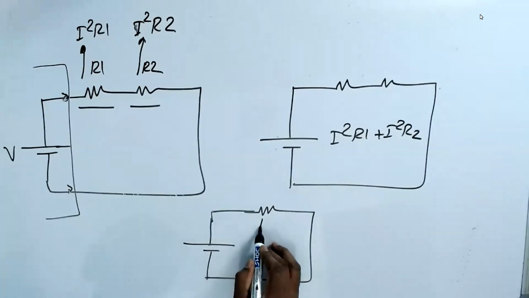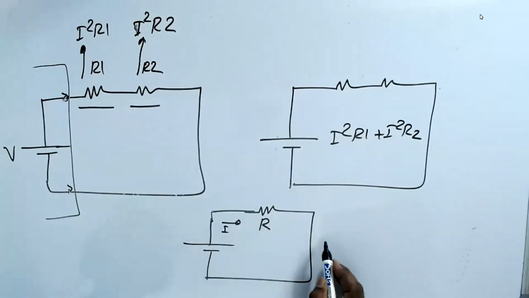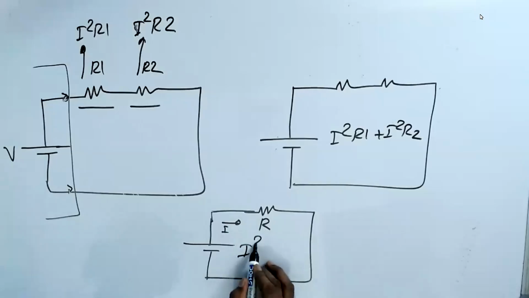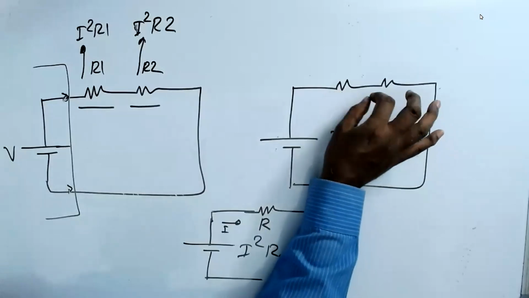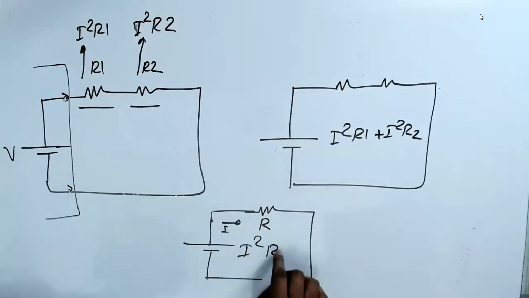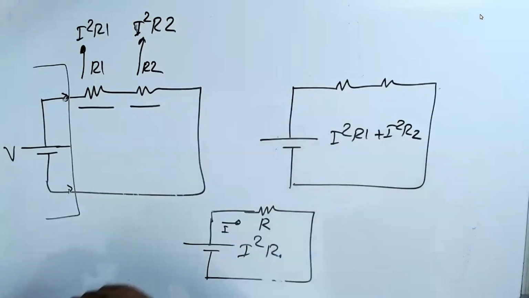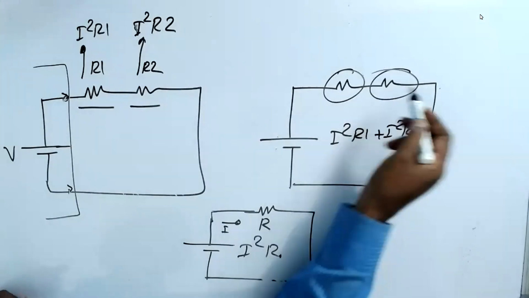We call this R. The current is I, so the power is I square R. If I make this a single resistance, that is R, and the power is I square R. Am I right? The power is I square R. And here it is I square R1 plus I square R2 because I have two resistances. That's what we discussed here.